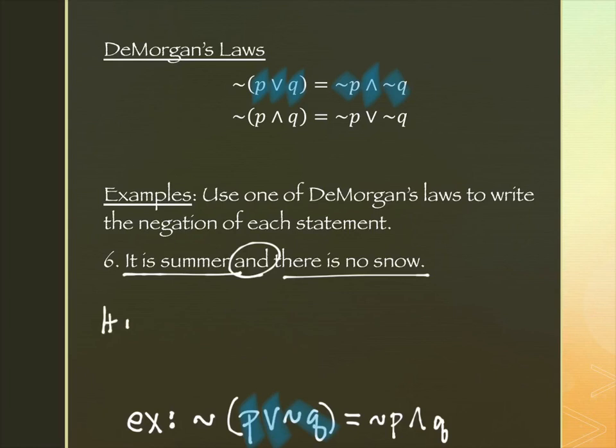Yeah, it is not summer. Then we get to the connective, the word and needs to change. To what? Or. And then we have our last piece. There is no snow. What's the negation of there is no snow? There is snow.